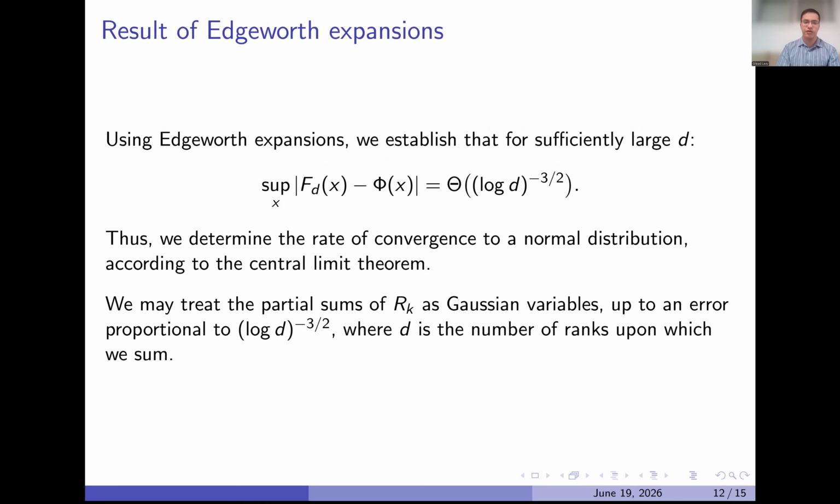So using Edgeworth expansions, we actually can determine the rate of convergence of the cumulative density function to a standard normal distribution. And we see that as d increases, we sum on more successive ranks, and the two distributions become more similar.